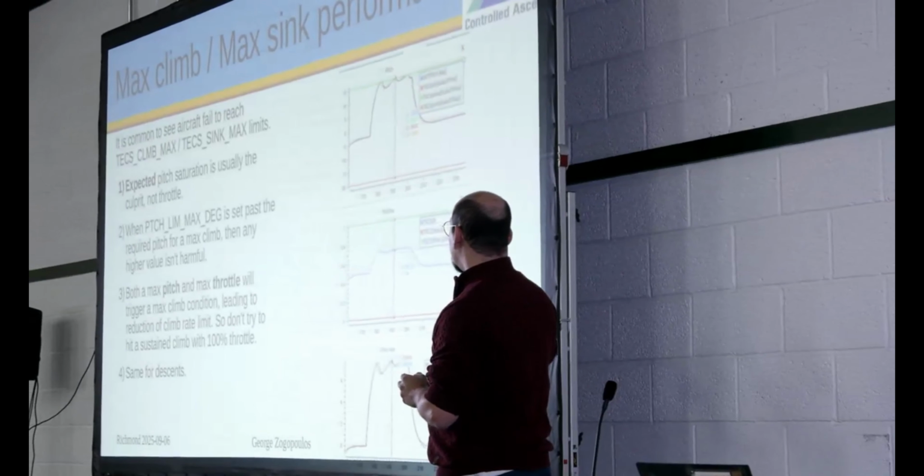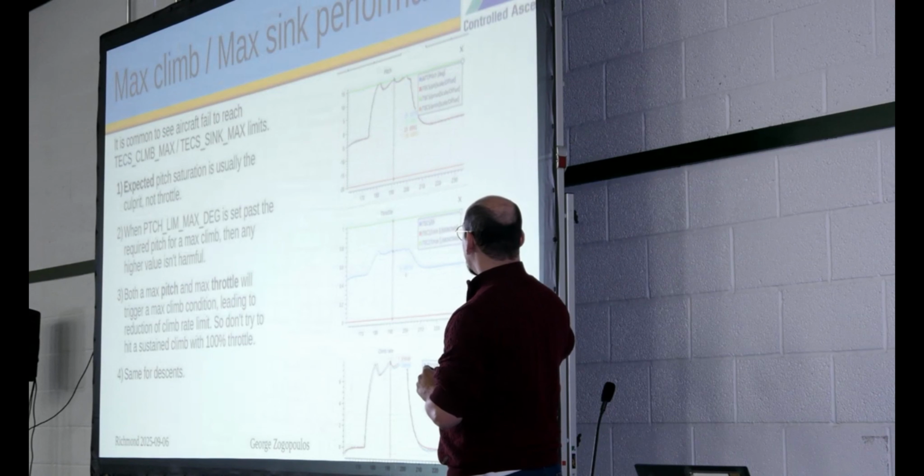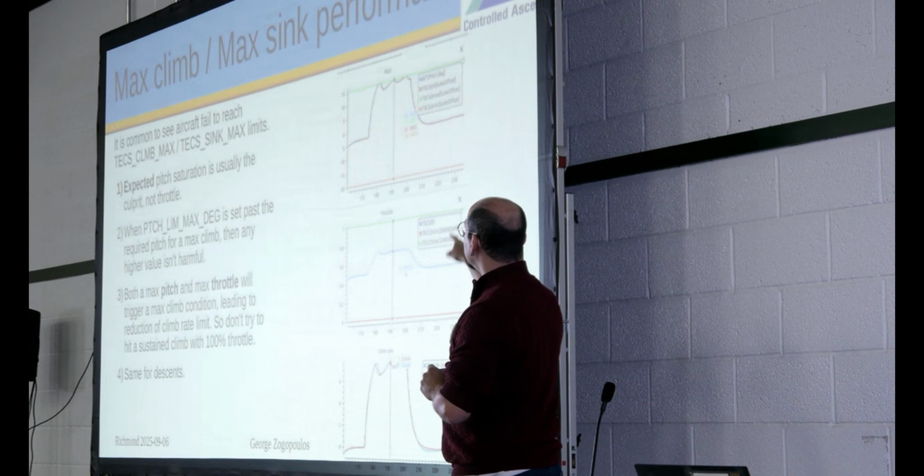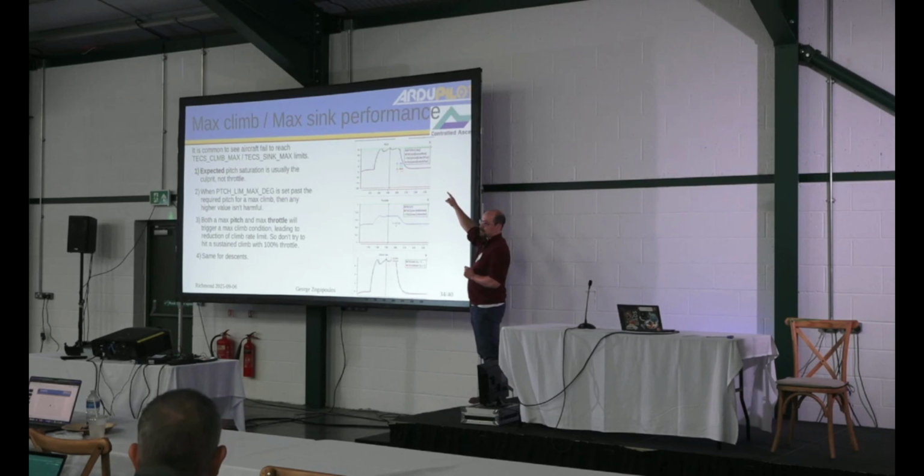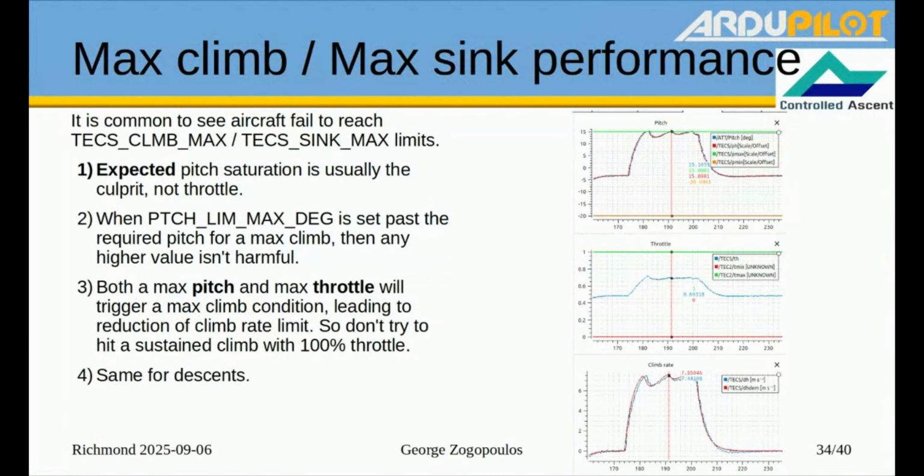In most situations, the throttle is not at maximum yet, but your pitch angle is close to maximum, so it's the pitch angle that is triggering this ease off. In this case, you can increase the pitch max of your vehicle, or if your TECS limit is a bit lower, TECS pitch max, I think is the parameter name, you can raise it a bit without penalty. It's not critical that they are exactly where you want them to be for this climb. They can be a bit higher.